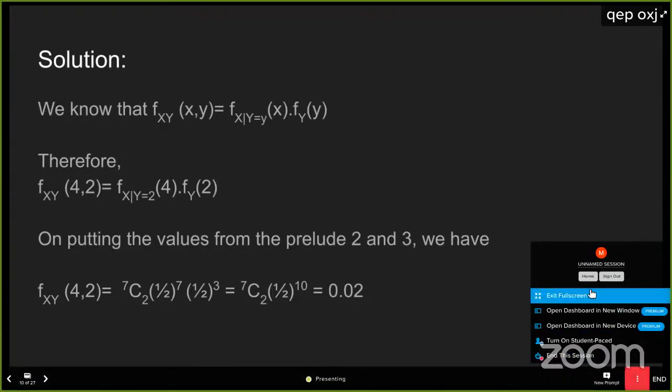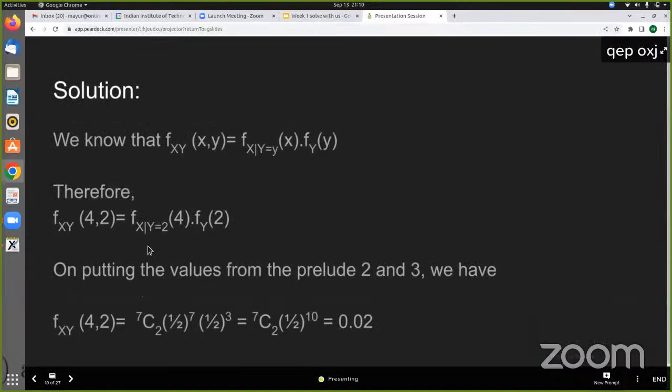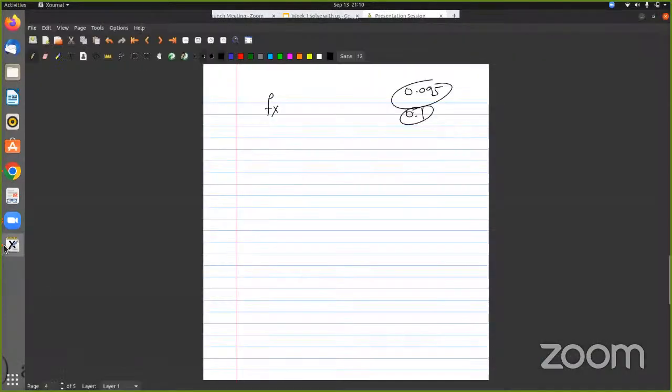Okay, maybe I'll try to explain. I'm not sure how I can explain, but let's see. Suppose fxy of 4 comma 2, how can I write this?